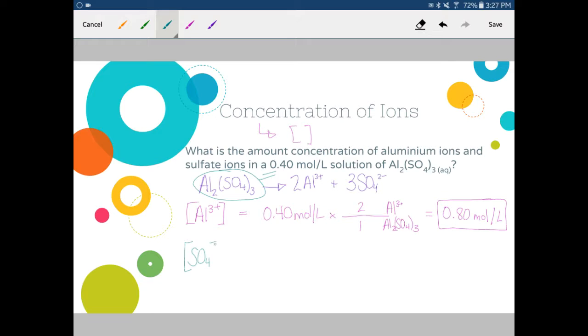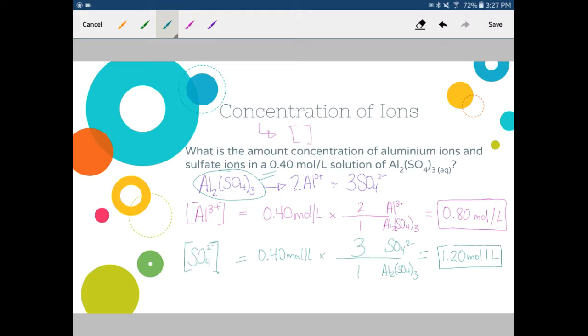Now, if I'm calculating my SO4 2- concentration, again, square brackets mean concentration, I still have 0.40 moles per liter. And if I look at my entire entity of aluminum sulfate and my sulfate individually, I have a 3/1 mole ratio, which means that I would have 1.20 moles per liter of my sulfate ions.